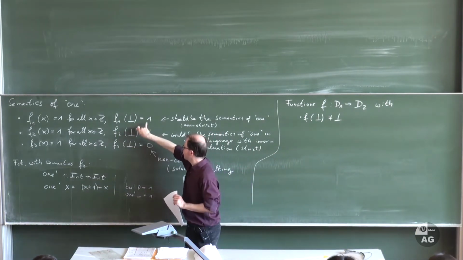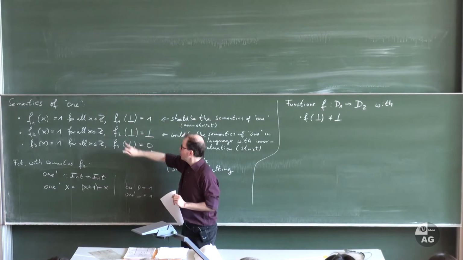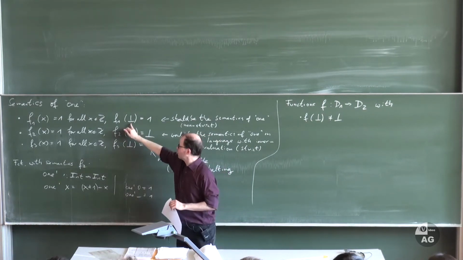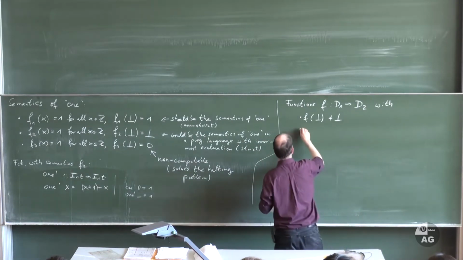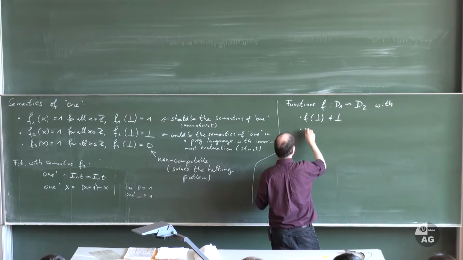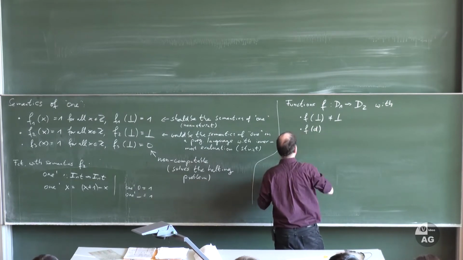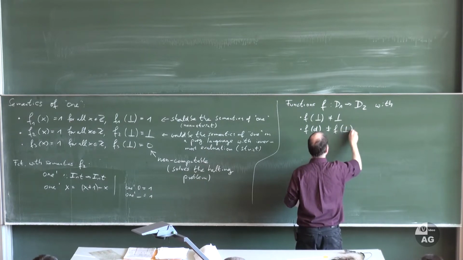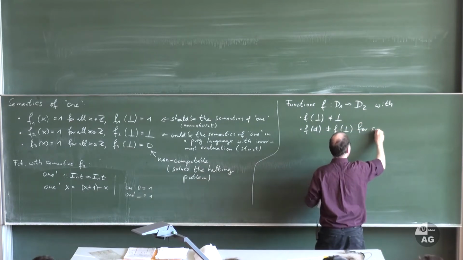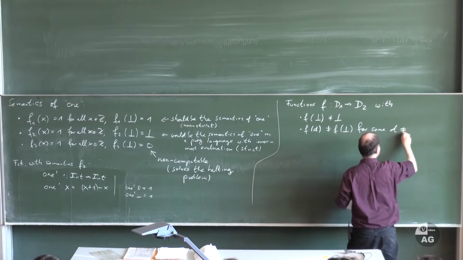It returns something defined also for an undefined argument, but that may only happen if this argument wasn't really necessary for the result. So this is okay, but then it may not happen that for some other arguments, for some d, it returns something different than for bottom. For some d which is different from bottom.